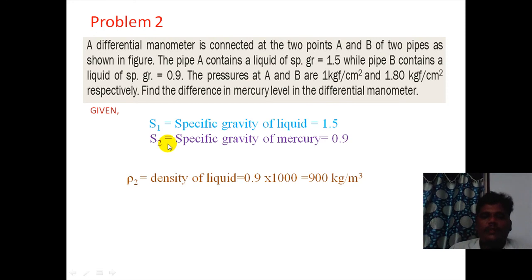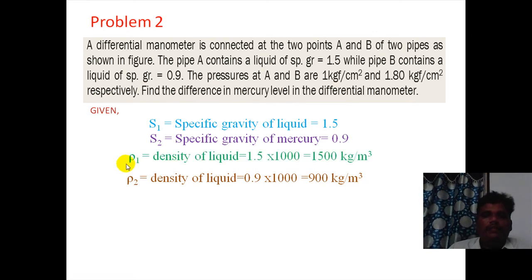Using the specific gravity you can find the densities. Rho 2, the density of this liquid, is 0.9 multiplied by 1000, which is 900 kg per meter cube. The density of the A liquid is 1.5 into 1000, that is 1500 kg per meter cube.